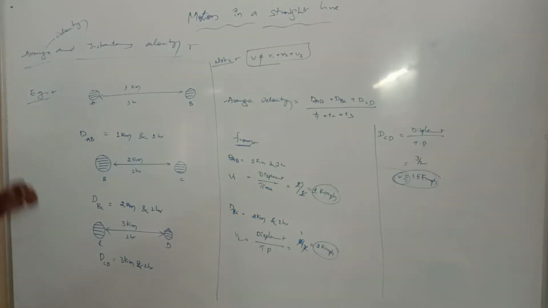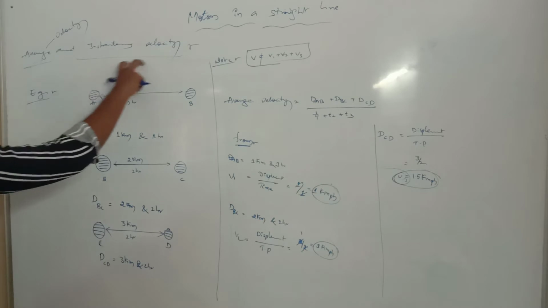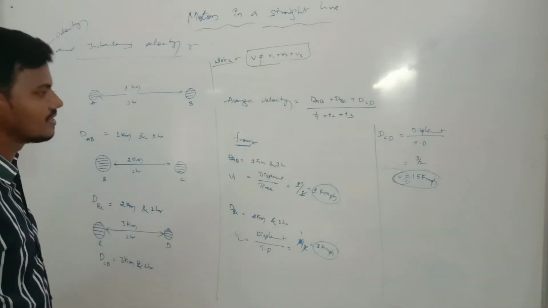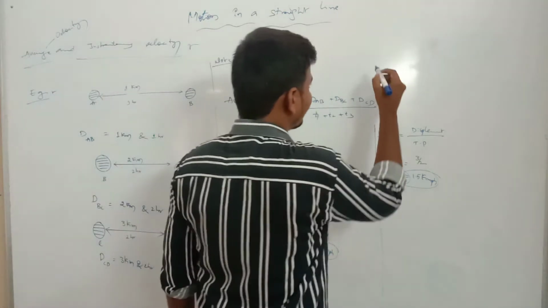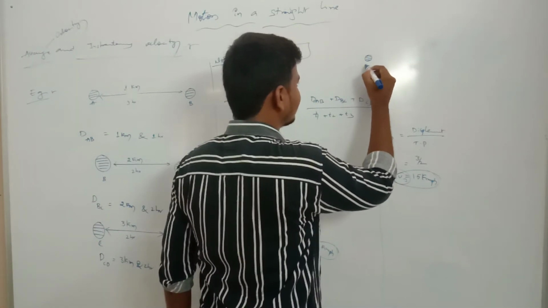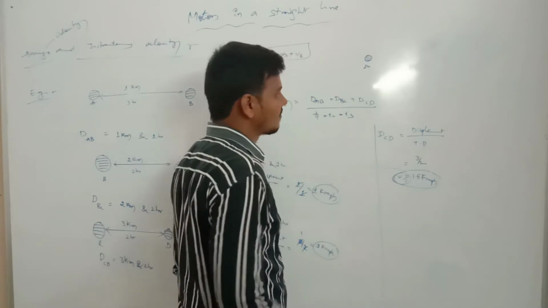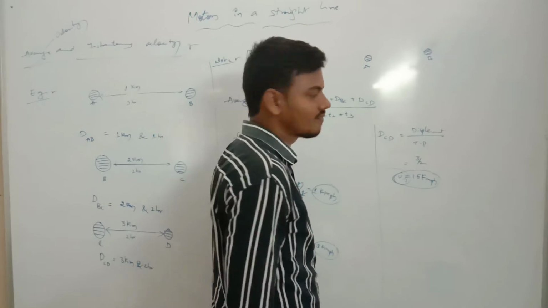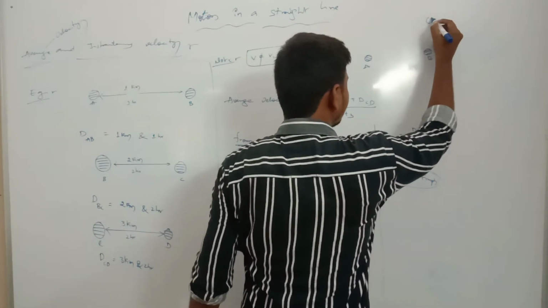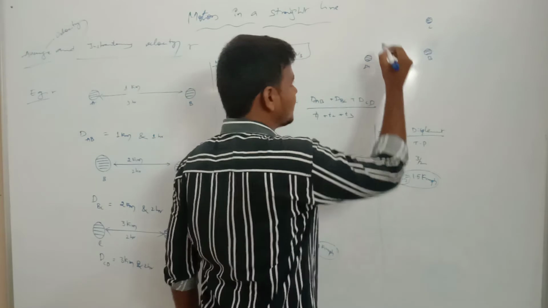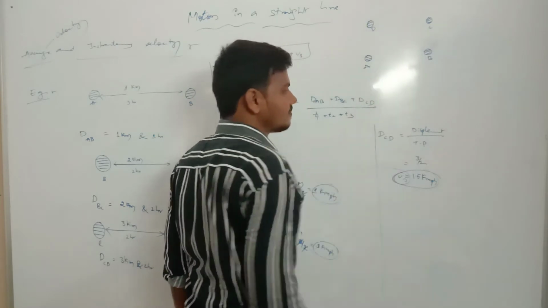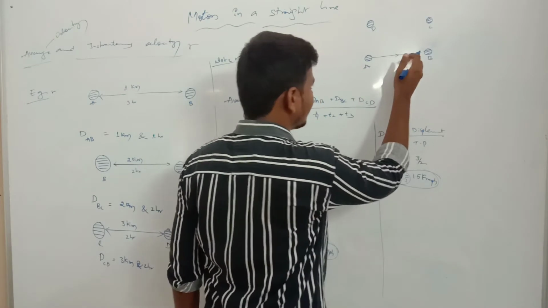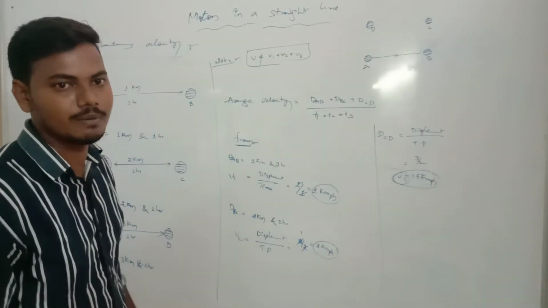We are taking the positions as the sum of A to B, B to C, and C to D. For example, the position of A, the position of B, the position of C, the position of D. When an object moves from A to B, the direction of the position means we are dealing with a vector quantity.